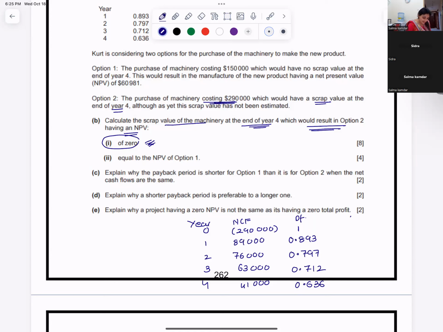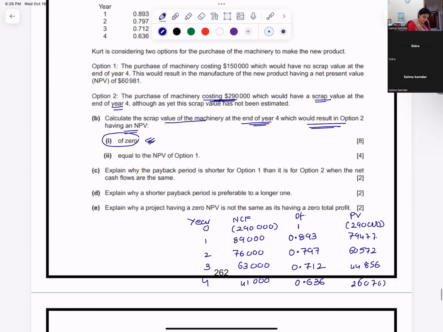So the present value of your future inflows would be 290,000 negative, then 79,477, 65,724, 44,856, and 26,076.